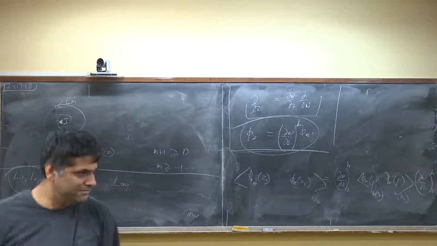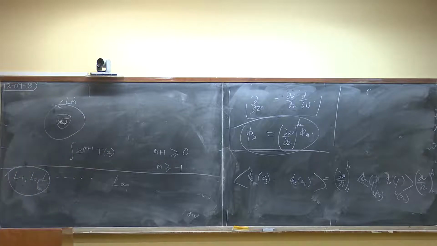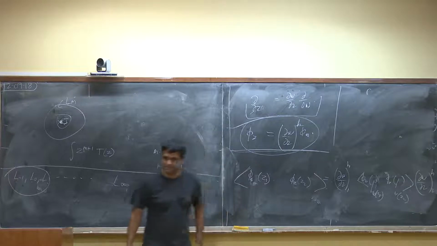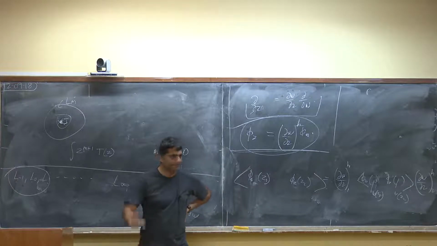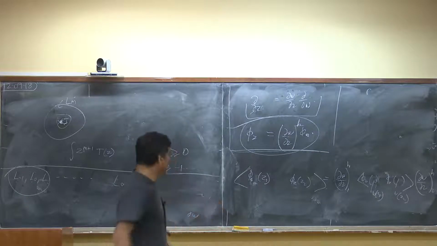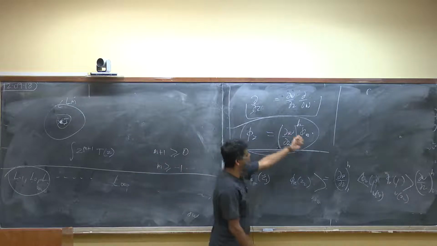Is this clear? The right hand side is a function of z1, z2, the left hand side is a function of z1, z2. Any operator that transforms like this under conformal transformations is called a primary operator.